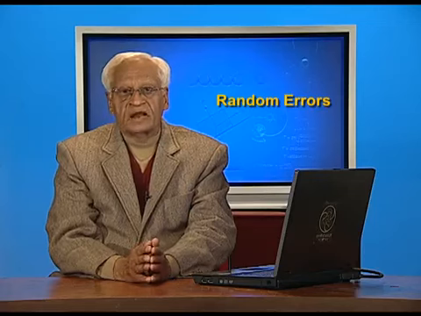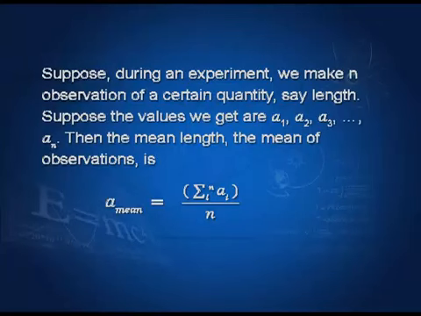Suppose during an experiment, we make n observations of a certain quantity, say length. Suppose the values we get are a1, a2, a3, etc., going up to an. Then the mean length, that is the mean of all observations, is a mean equal to the sum of all the observations divided by n.